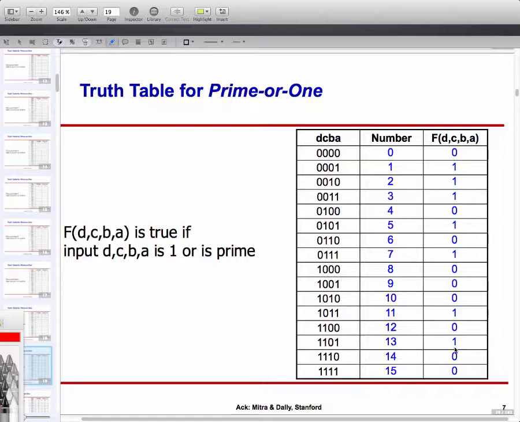So what is the normal form of this function? Exactly. Whichever rows are ones, right? So m of 1 or m of 2 or m of 3 or m of 5 or m of 7 or m of 11 or m of 13.